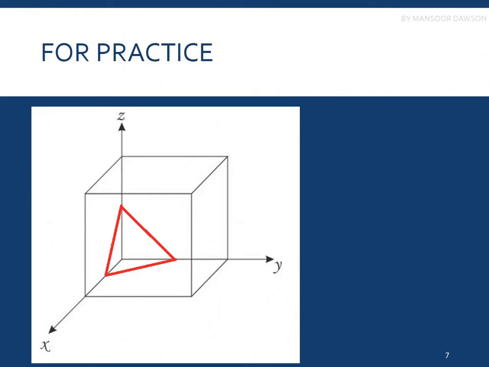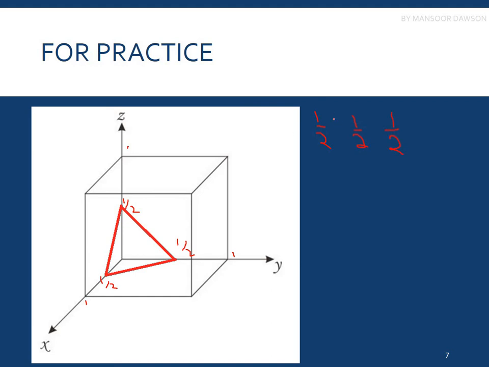So here is a crystallographic plane given to us. First of all, we'll identify its intercepts. If this is 1, this is 1, and this is 1, then this is half, this is half as well, and this is half as well. So the intercepts we are given are 1 upon 2, 1 upon 2, and 1 upon 2.